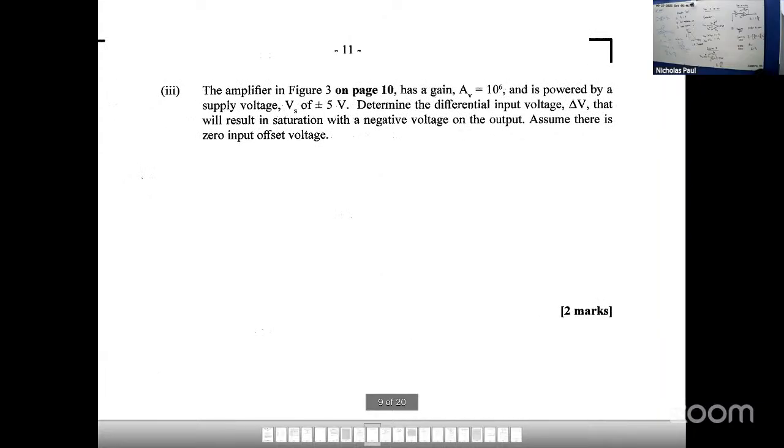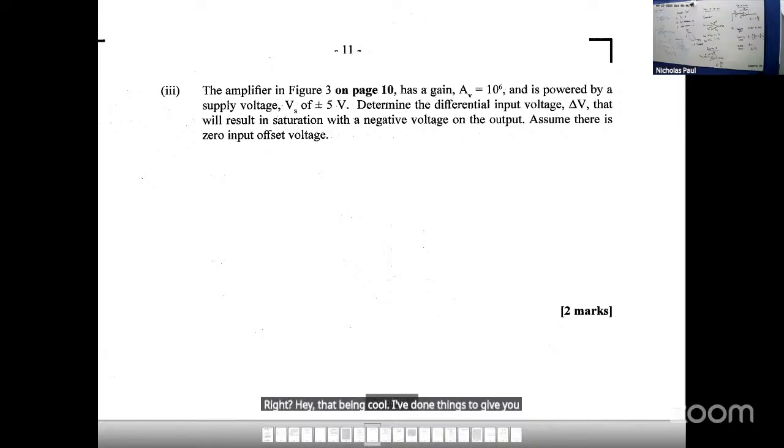Try that, please. Try this. Highlight the important things they give you.